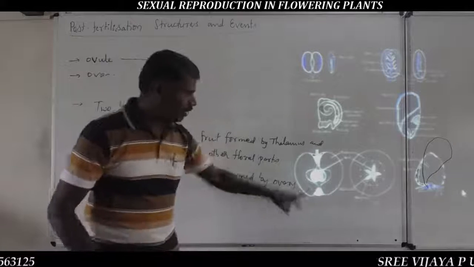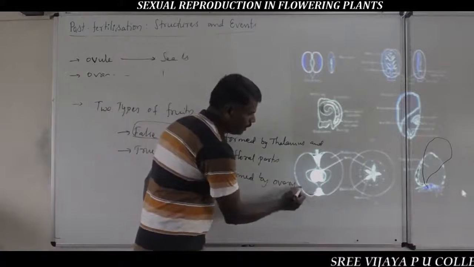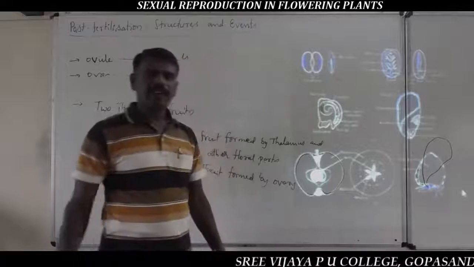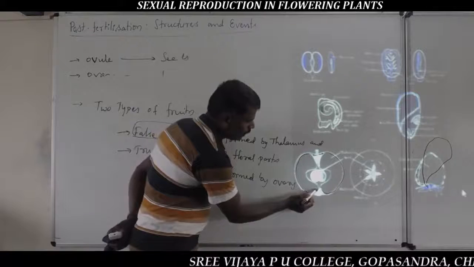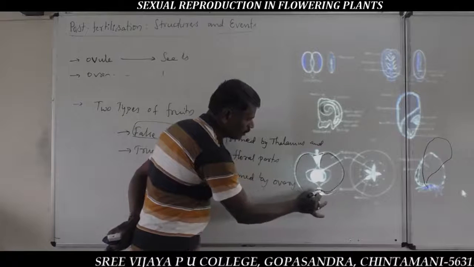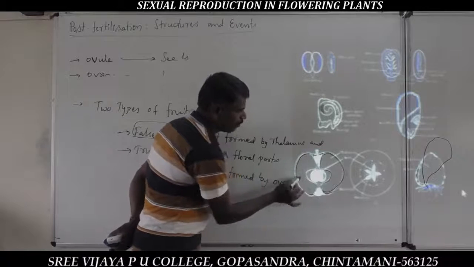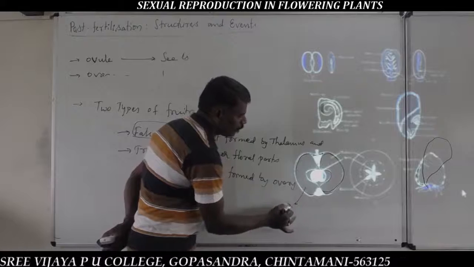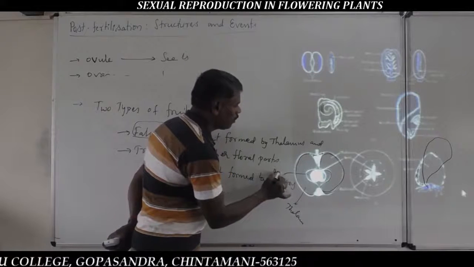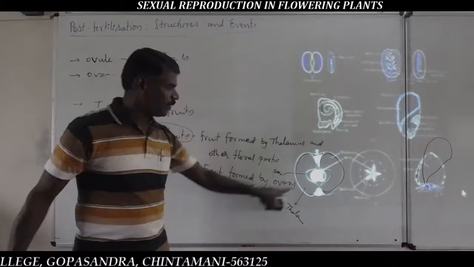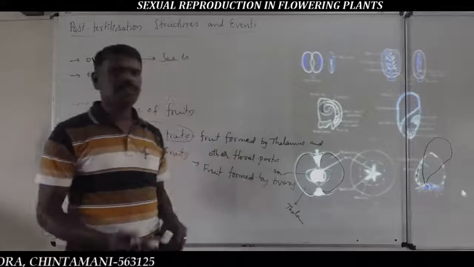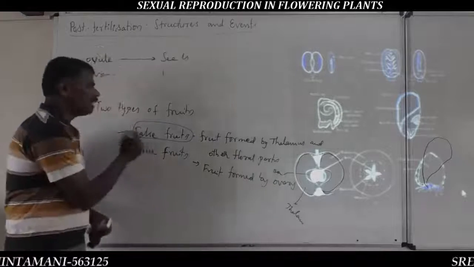See, the apple is a false fruit. This portion is the thalamus part and this is the ovary part; the entire thing takes part in the formation of the fruit, so it is a false fruit.